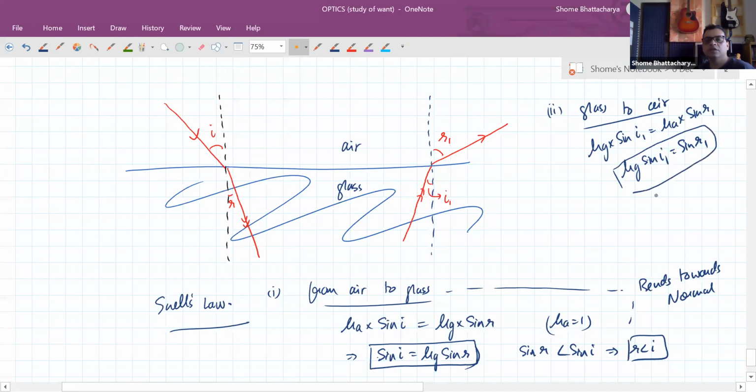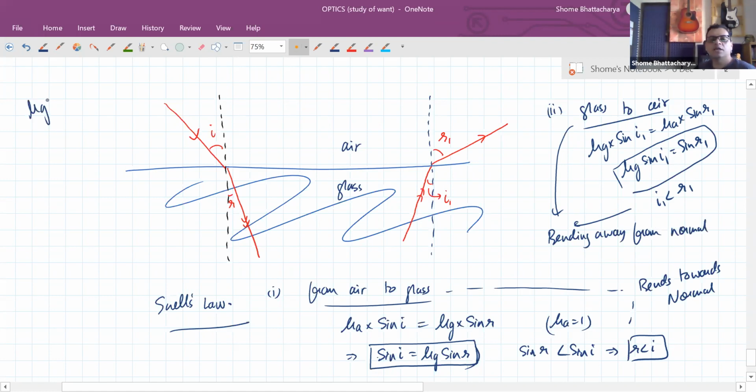This will now show us that I1 is less than R1. So that means glass to air, क्या हो रहा है? It is bending away from normal. Because the refractive index of glass is about 1.5 or 3 by 2. Okay, so this is an example of Snell's law.